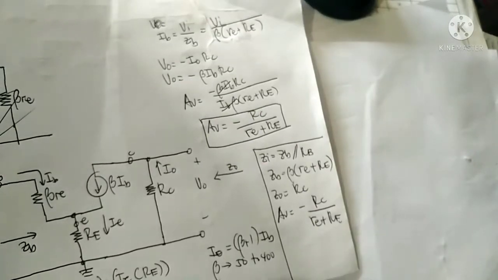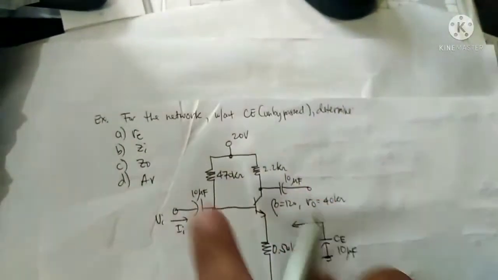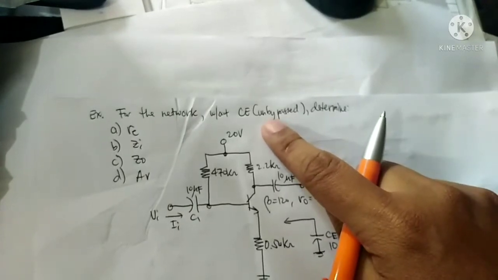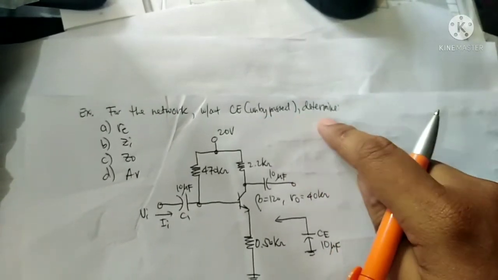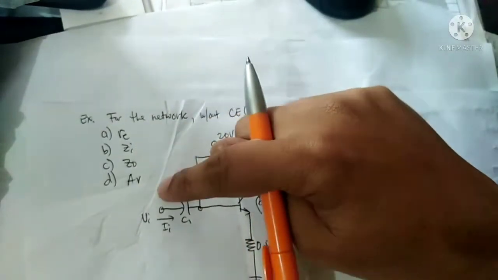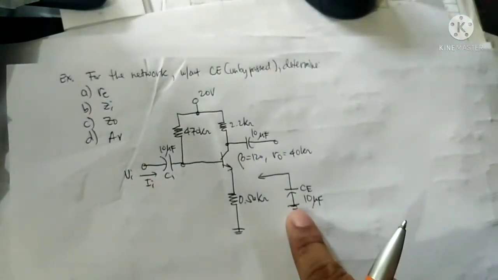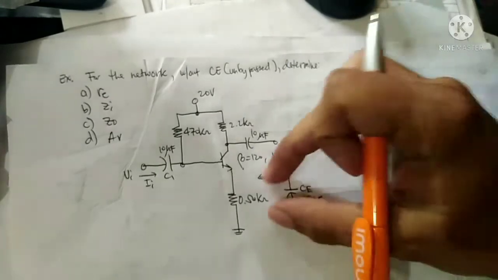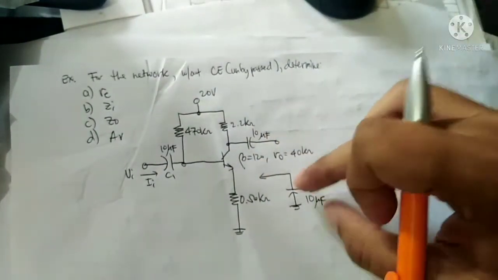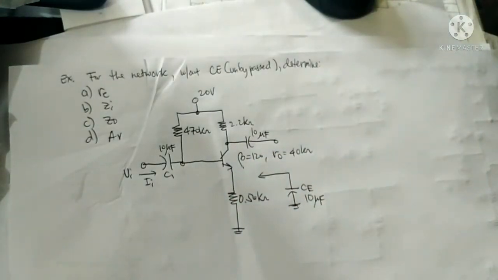So let's have an example. For the network, without the capacitor CE, unbypassed, determine re, input impedance, output impedance, and the voltage gain. As you can see, the capacitor is unbypassed, meaning the capacitor CE is not connected to the emitter terminal.